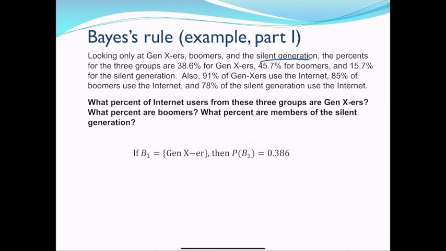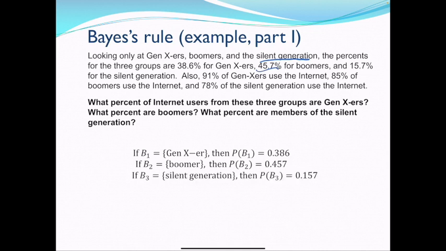So I'm given the probability of being a Gen Xer is 0.386. The probability of being a boomer is 0.457, and the probability of being the silent generation is 0.157. If A is the event that you use the internet, then the probability that you use the internet given you're a Gen Xer is 91%.